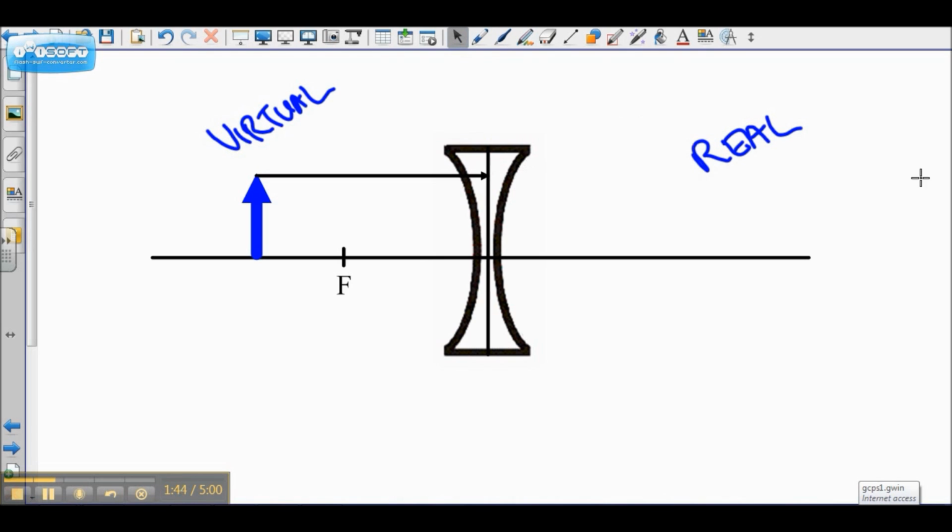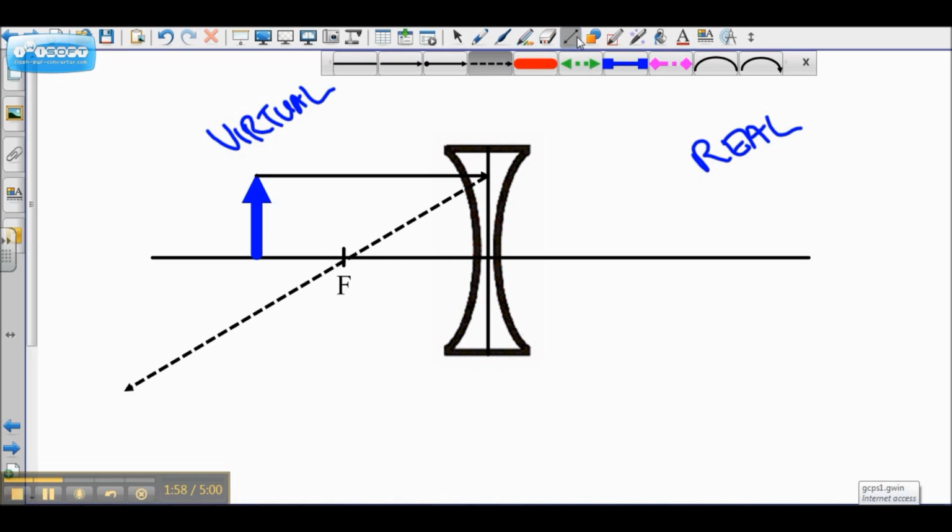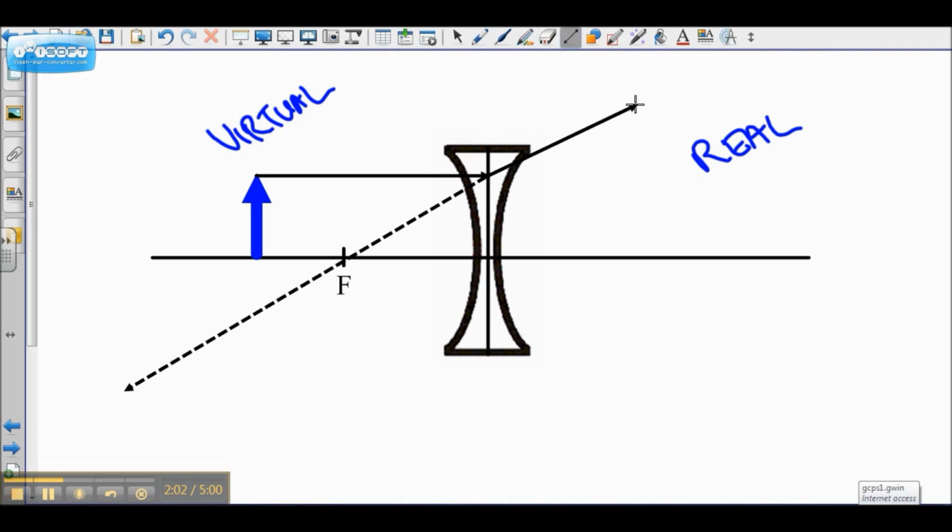So the reason why this side is real is because light goes through a lens, not bounces off. So we're going to change it to a dotted line. Dotted lines represent virtual. And for completion's sake, draw this going out, diverging away. Step 2 is to draw it from the top of the arrow through the center of the lens.